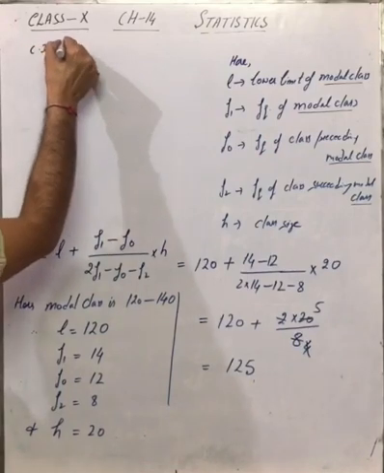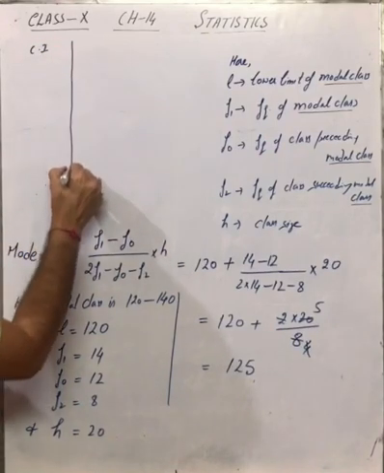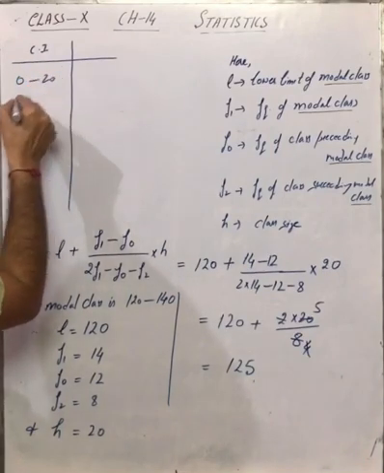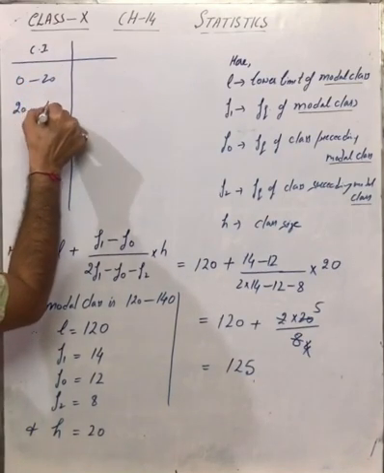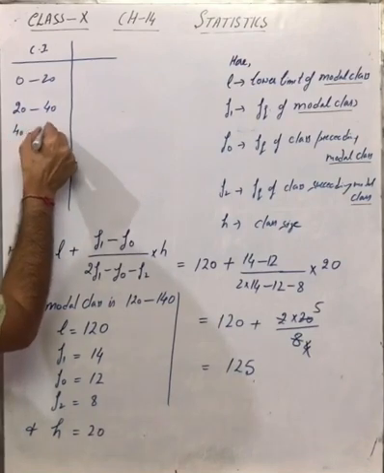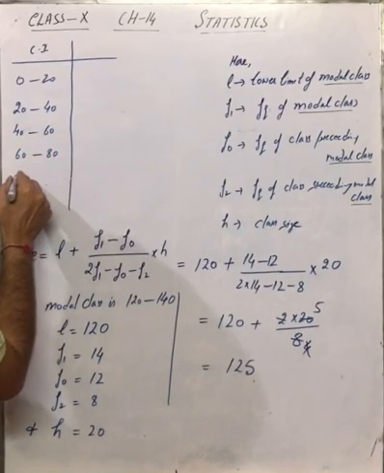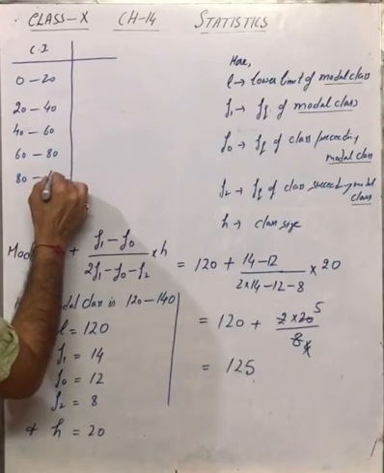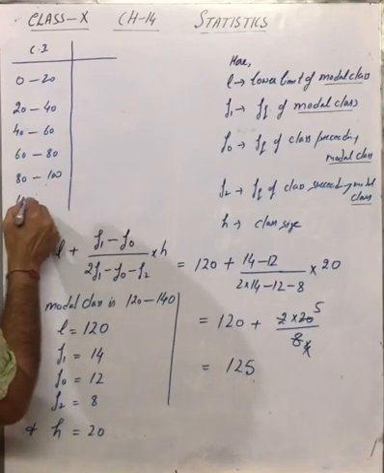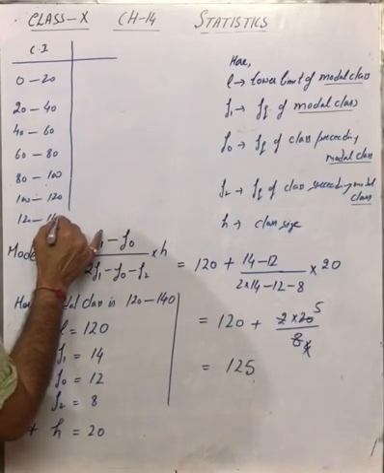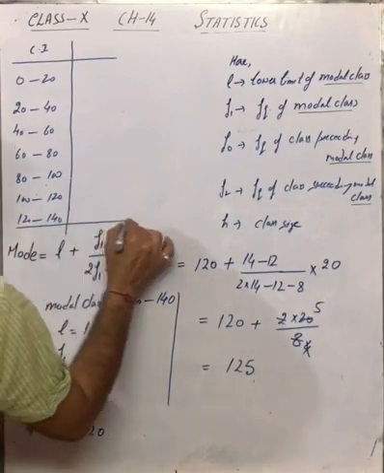Class intervals: 0 to 20, 20 to 40, 40 to 60, 60 to 80, 80 to 100, 100 to 120, 120 to 140. These are the intervals.